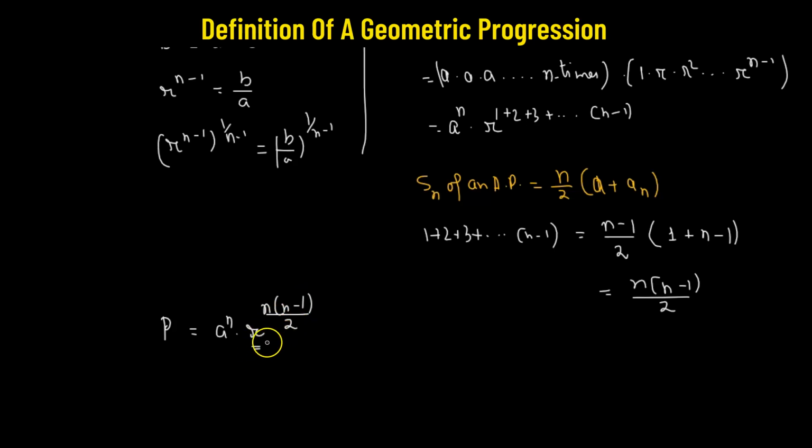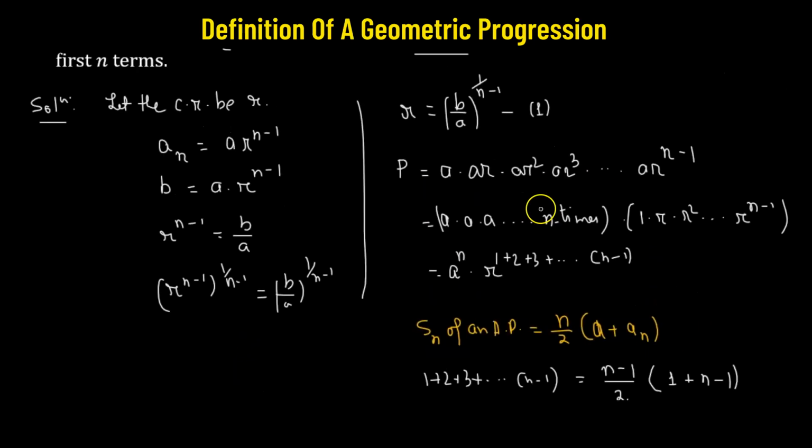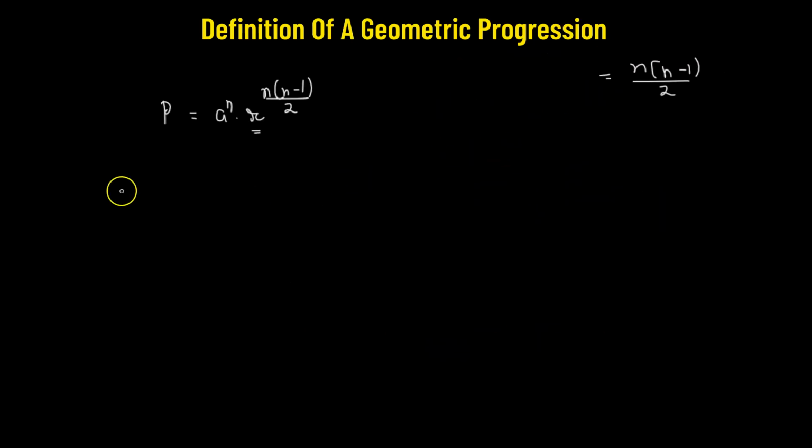Now we can use equation number 1 and replace the value of r with b over a raised to the power of 1 over n minus 1. So let's do that. You have p equals a raised to the power of n, times b over a whole raised to the power of 1 over n minus 1, and then this entire expression is raised to the power of n times n minus 1 divided by 2.